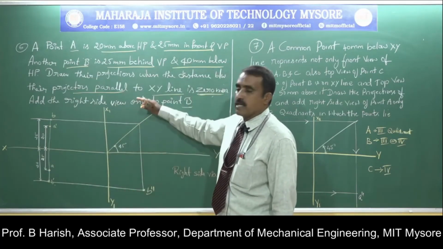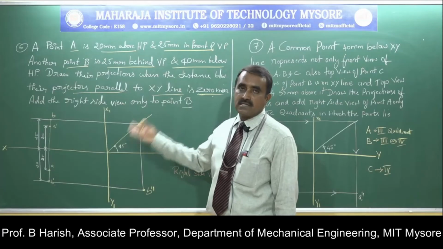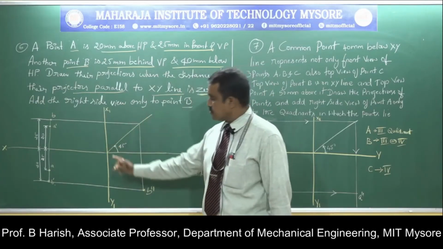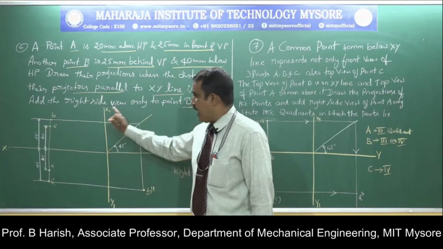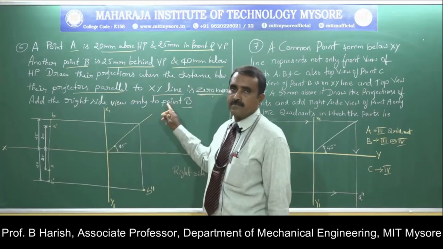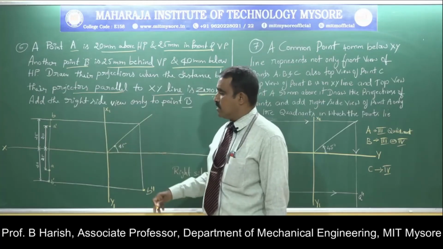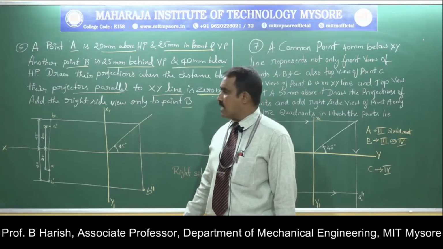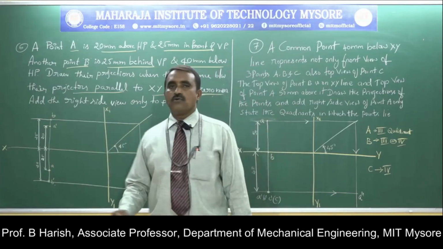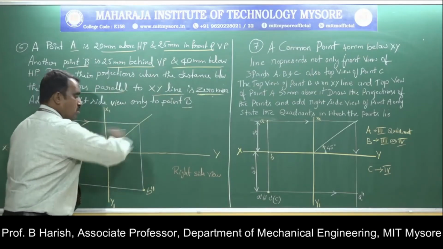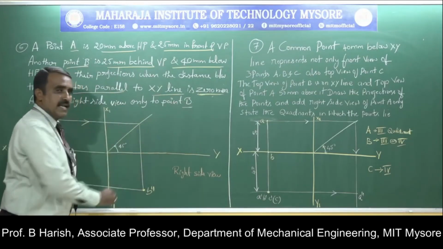This is a vacant plane. As discussed in the previous session, here in this vacant plane, at the intersection of the xy and x1, y1 lines, I will draw a 45-degree line. Then, applying the general rule, you always start from the top view. Starting from the top view, that is B, move horizontally until it meets the 45-degree line.